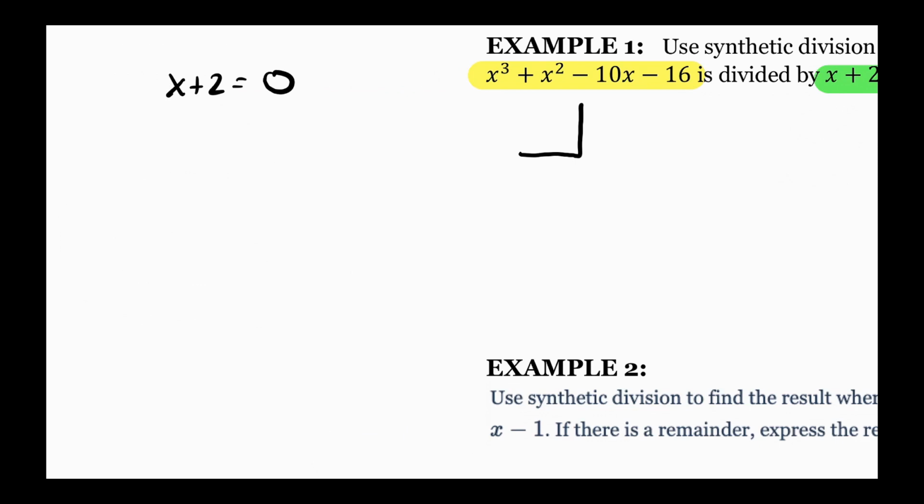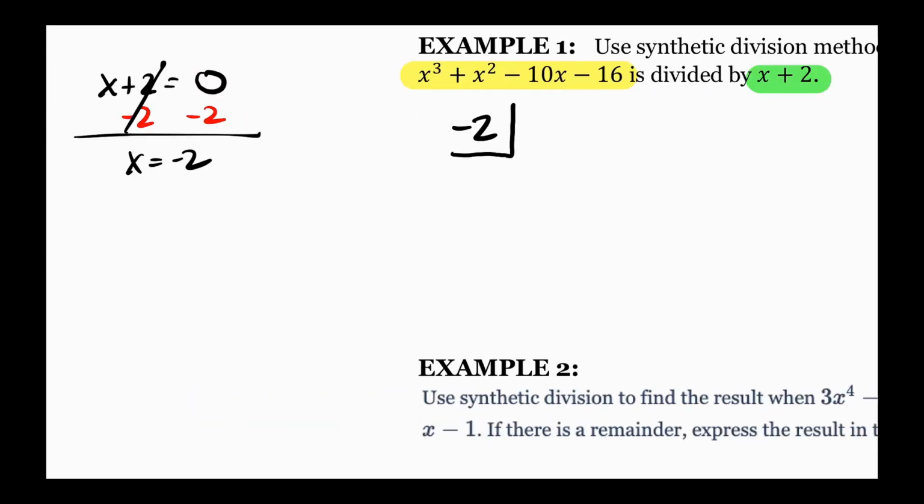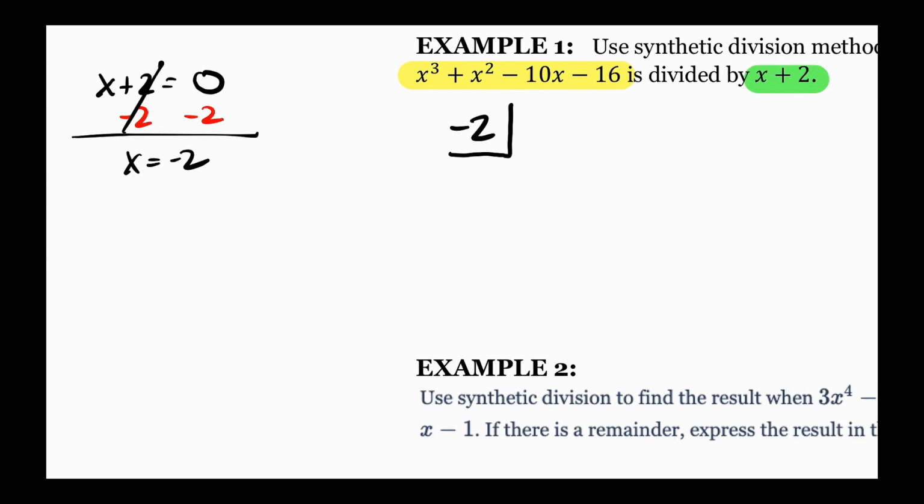If I set it equal to 0, I subtract 2 from both sides and I get -2. That's my 0, the number that's going to go out here, because it's a 0 of x plus 2.